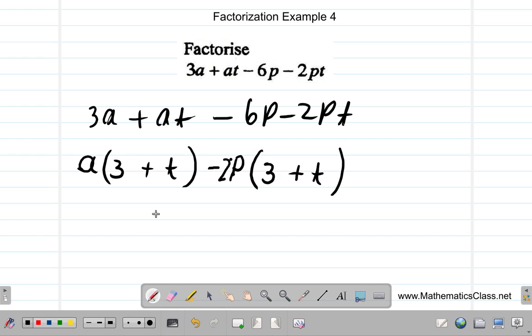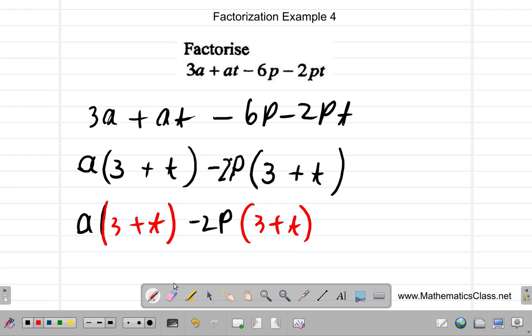Now the thing is, what you have here is another set of common factor. 3 plus t is a common factor. Because if you have a, and you have your 3 plus t here in the bracket, then minus 2p, and in the other bracket you have 3 plus t. This is a common factor.